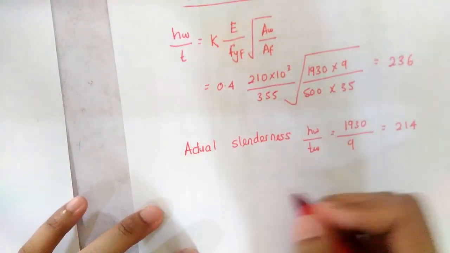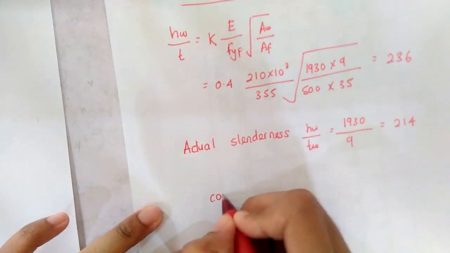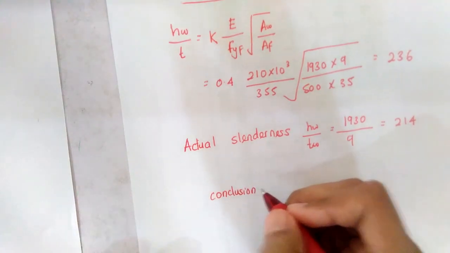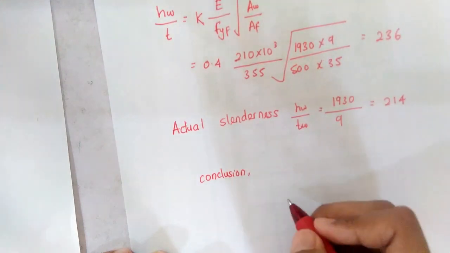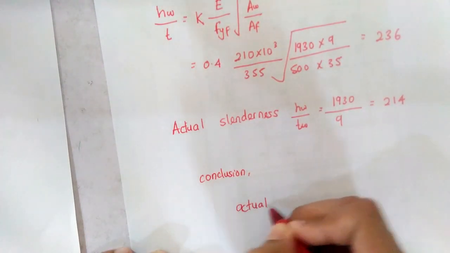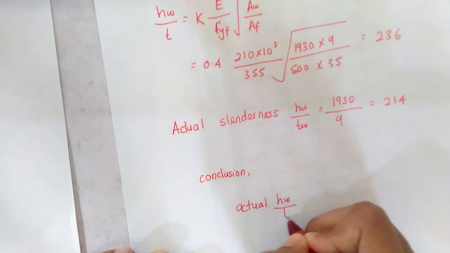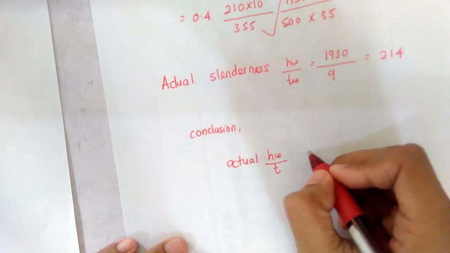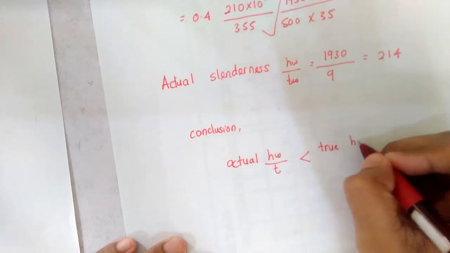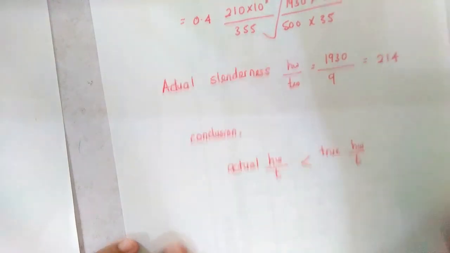As a conclusion, with our proposed section sizes, the actual hw over t is lesser than the true hw over t.